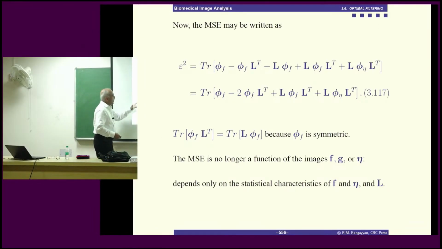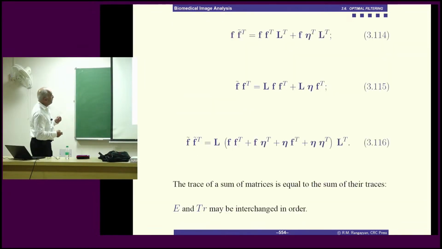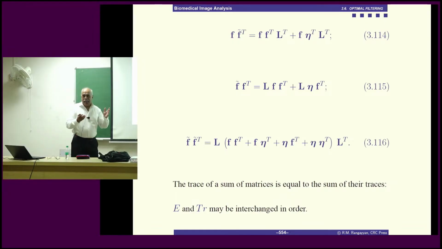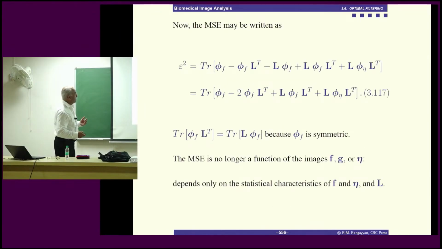So now the mean squared error is not a function of f, g, and eta as it was before. It had f and eta, but we don't know f, the original image. And you don't know eta, you don't deal with one noise representation or observation, you want the general statistics. What are the statistics?